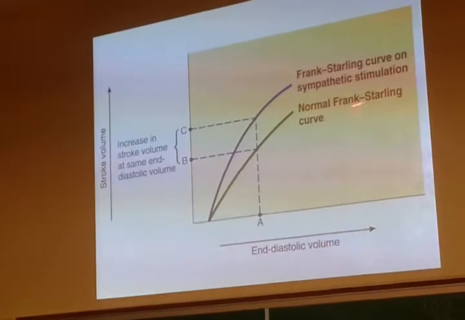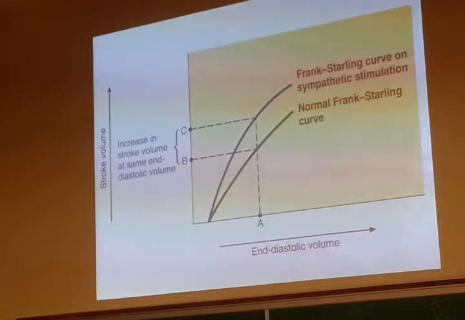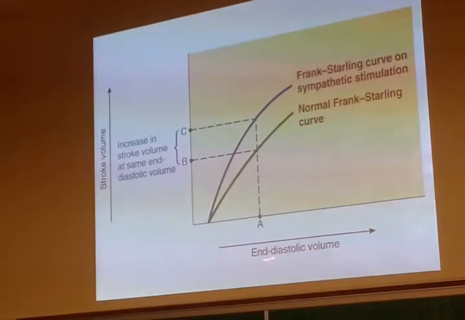What Mr. Frank and Mr. Starling then did is say, well, let's see what sympathetic nervous stimulation does to our stroke volume. And so what they did was keep end diastolic volume constant.